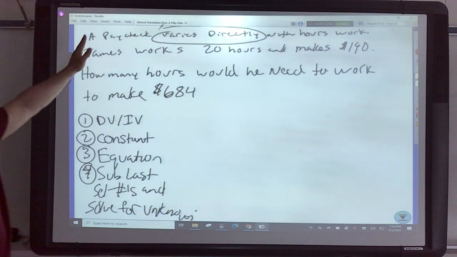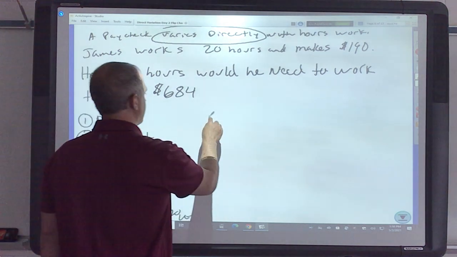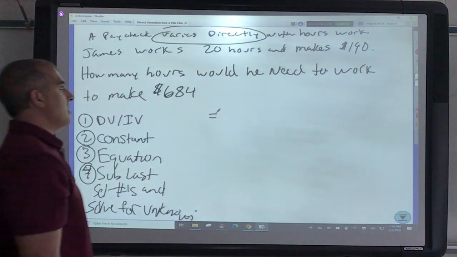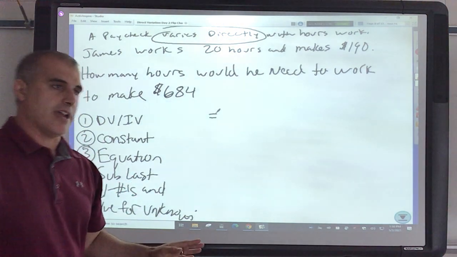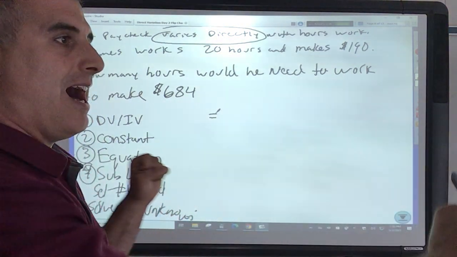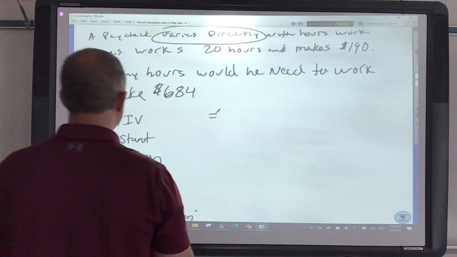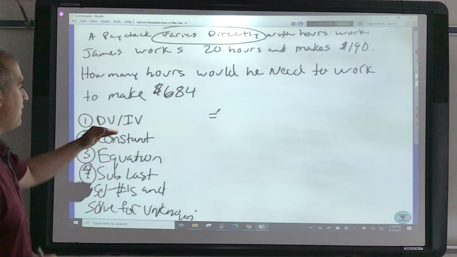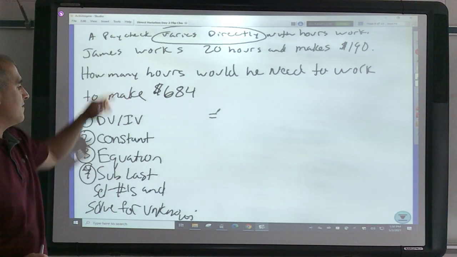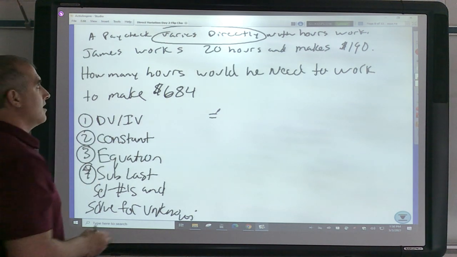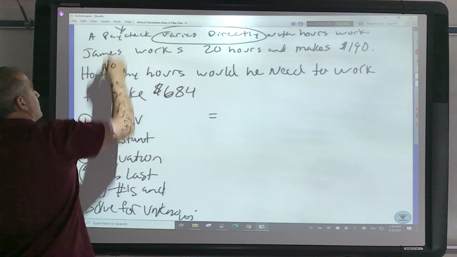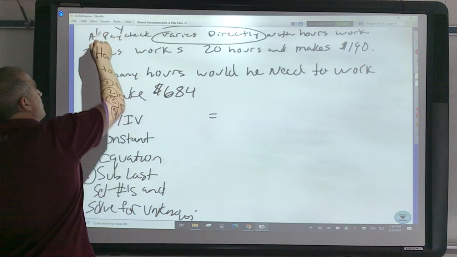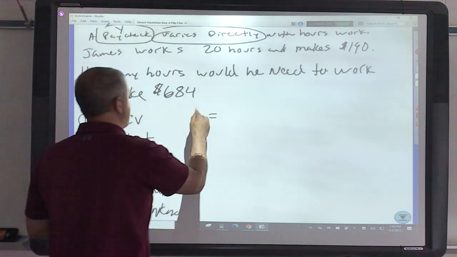Now, as you can see, it says varies directly. What that means is that I automatically am going to have an equation with the variables on opposite sides. Now, it's easy to figure out the constant based off of the direct variation. Now, this is what's important. Whatever is first is considered y. So my paycheck is going to be y.